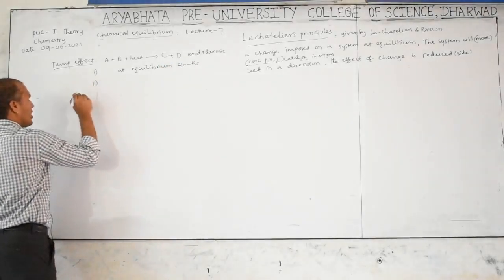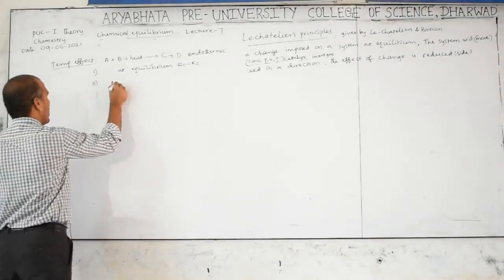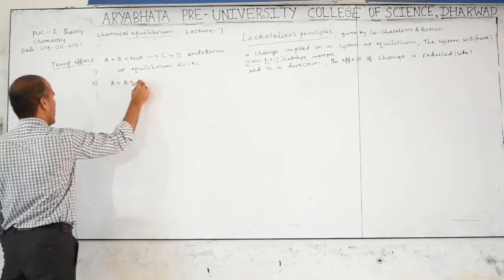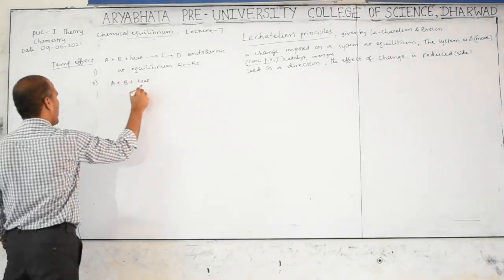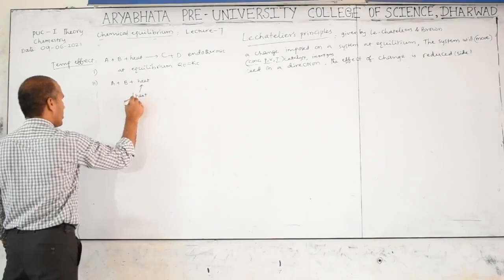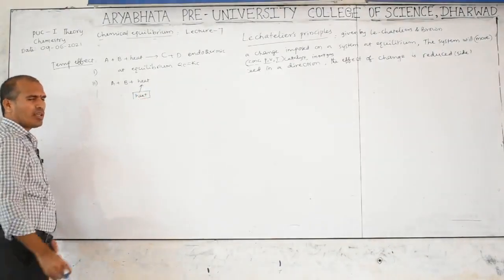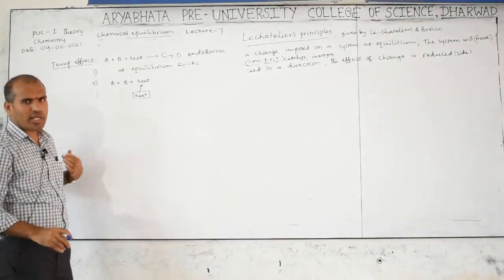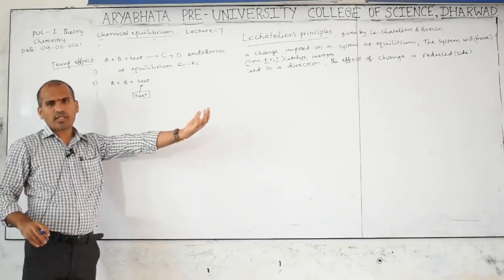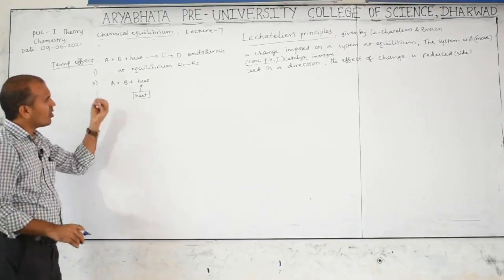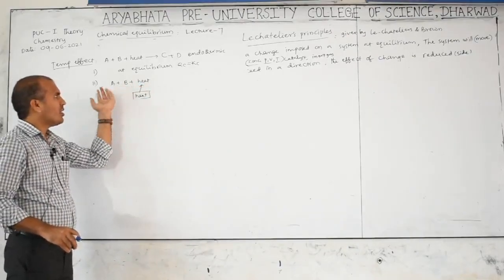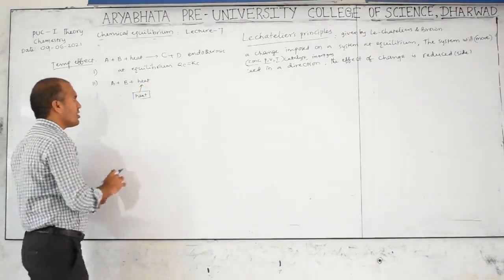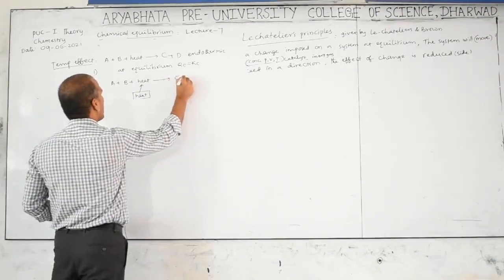Second point, what is that? Heat added. A + B + heat is already there. Now I am adding heat once again. Then what happened? Like in the previous class, reactant concentration increase means reaction forward, product concentration increase means reaction backward. Now it is considered a reactant only. Then reactant concentration increase means the reaction shifts toward which direction?